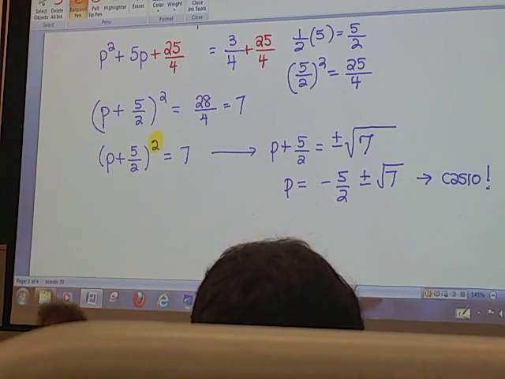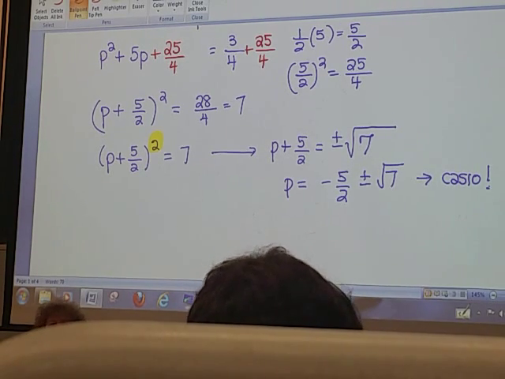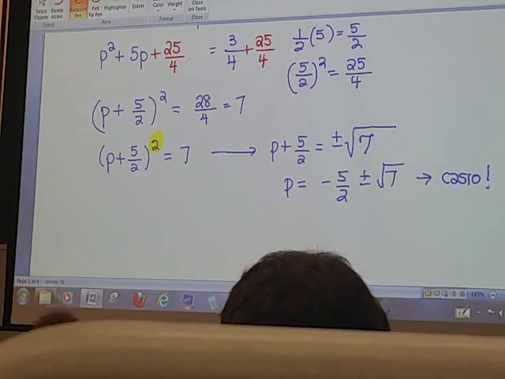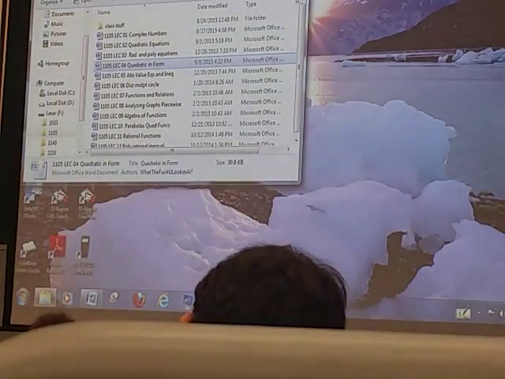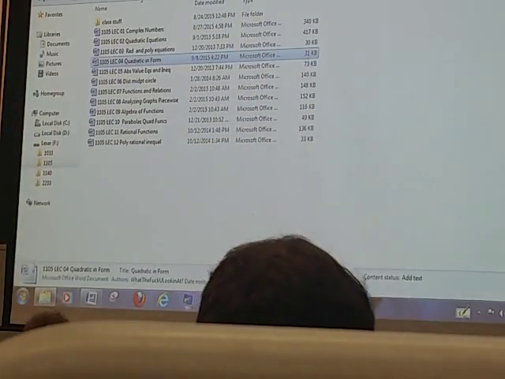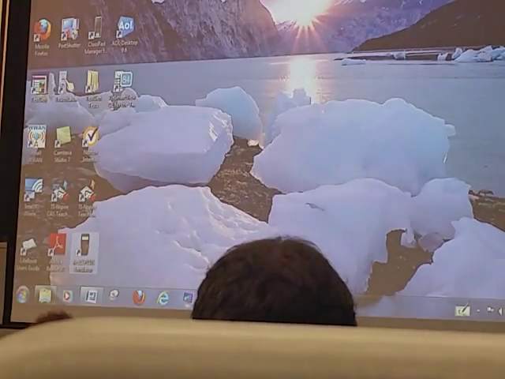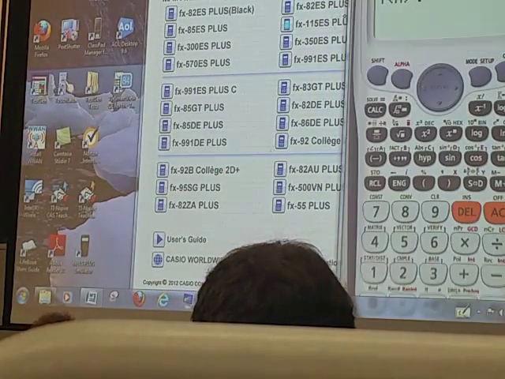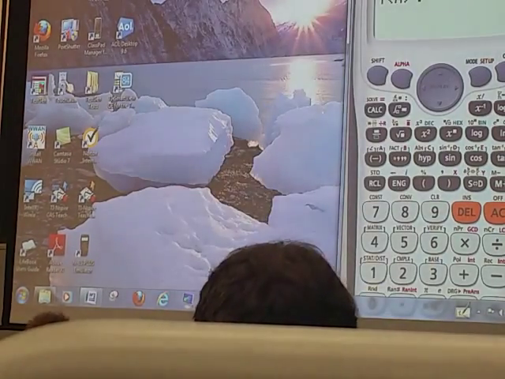Okay? Because now I have to get a common denominator between these two, put them together, all that kind of stuff. So you can do it by hand, or you can pull out your best friend in the whole wide world, especially at this point.